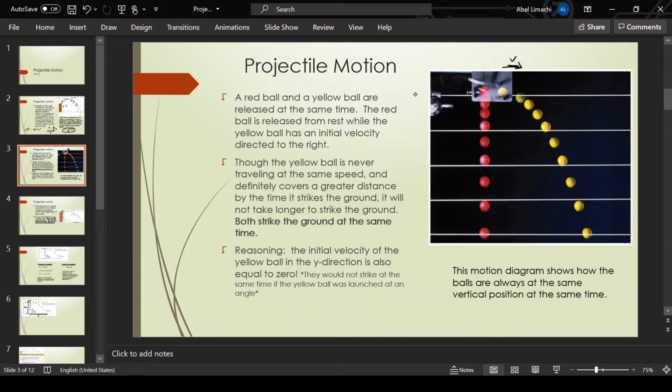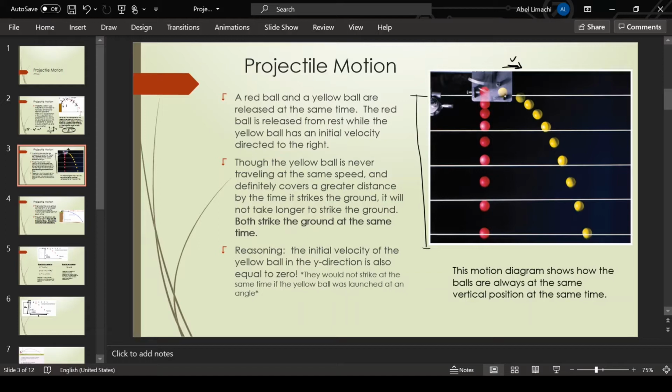They both start at the same height, and there's no additional velocity in this yellow ball that's helping it go down faster. So you can basically think of this yellow ball as the red ball when it comes to the y direction. It's just going to fall straight down, and it's going to take the exact same time as this red ball when it's dropped straight down.